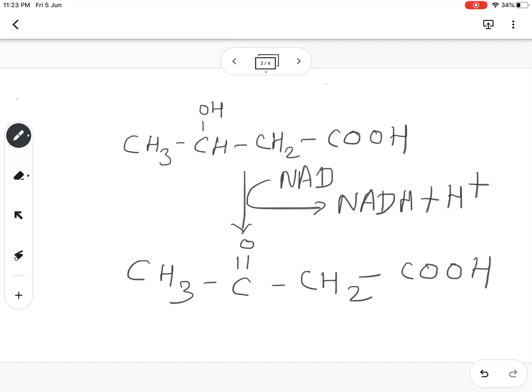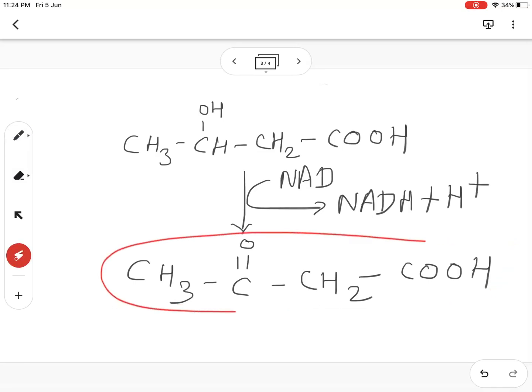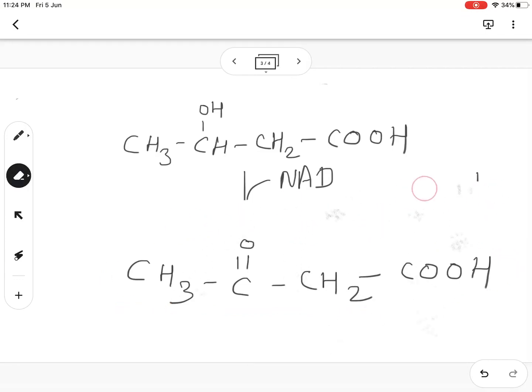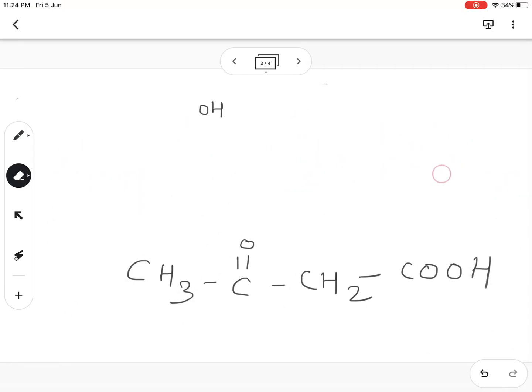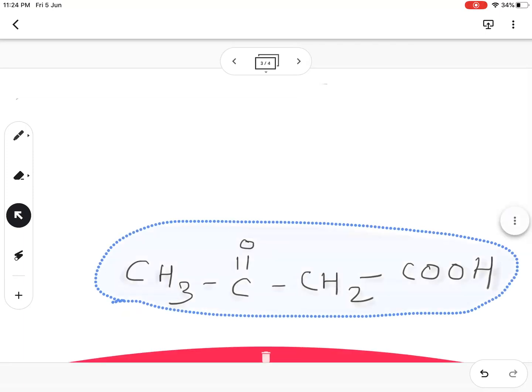The reaction is catalyzed by the enzyme beta hydroxybutyrate dehydrogenase, and the product formed is acetoacetate. Now this acetoacetate undergoes a reaction with succinyl-CoA, where the coenzyme A is transferred to this molecule.